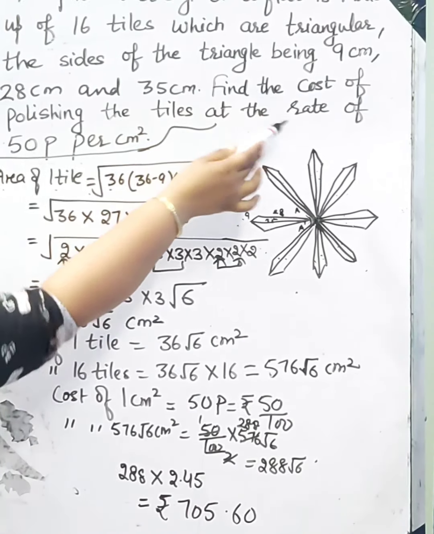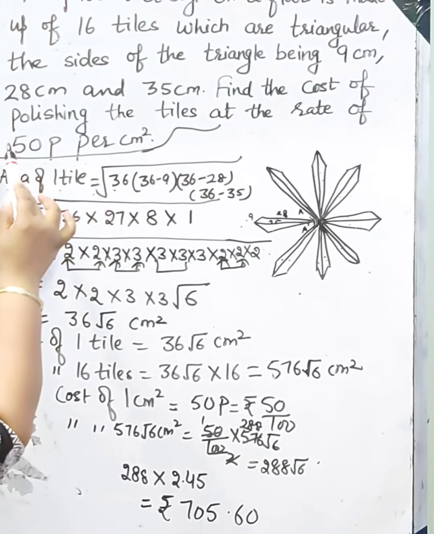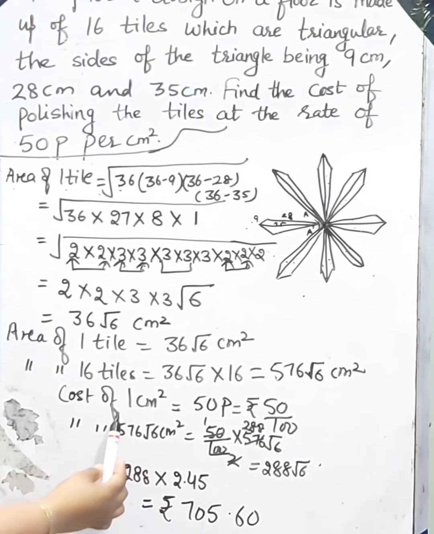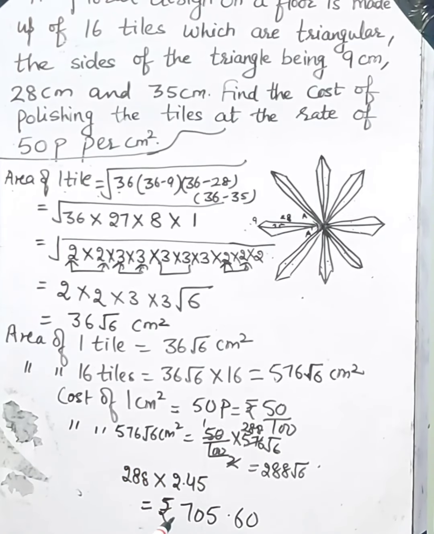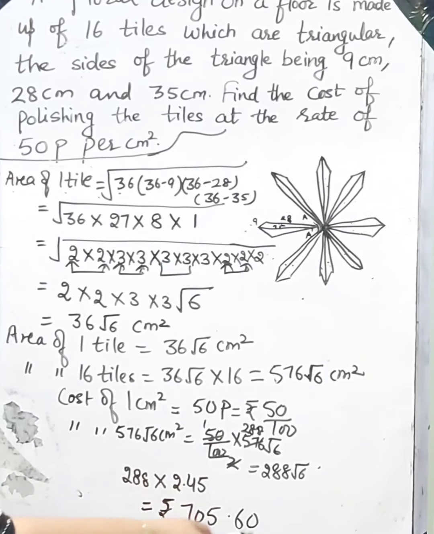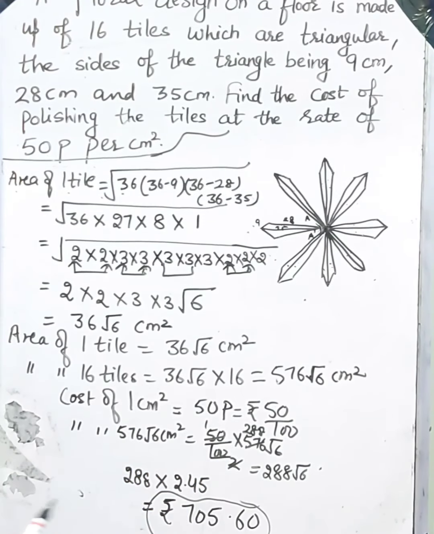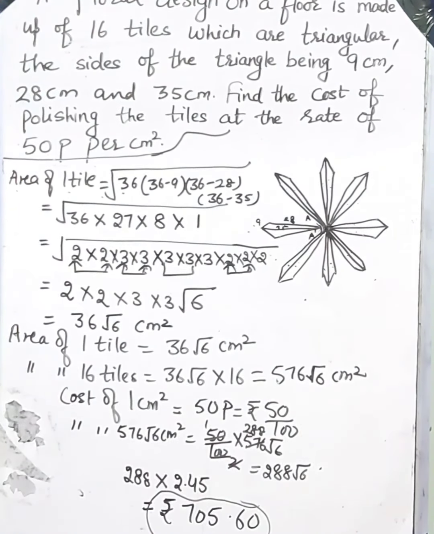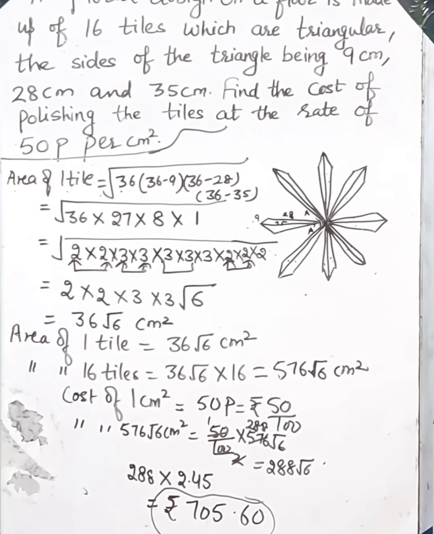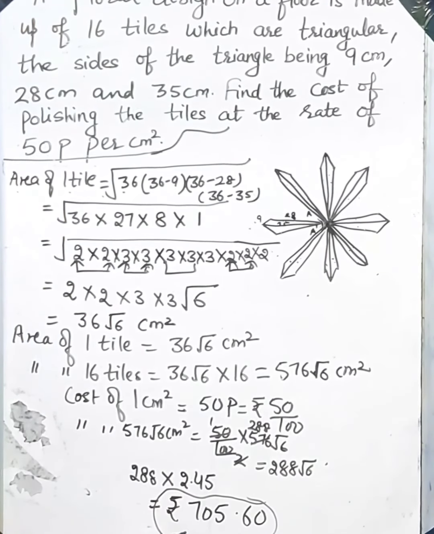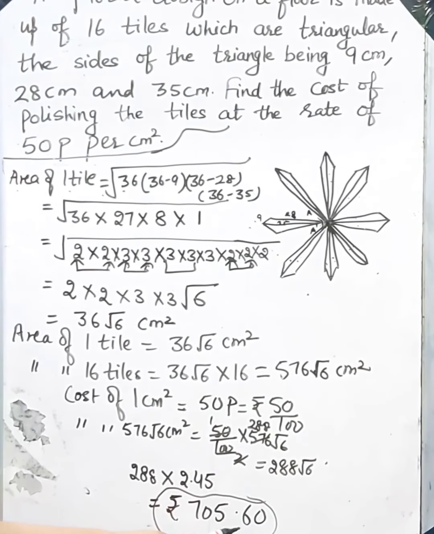Hence, cost of polishing the 16 tiles at the rate of 50 paise equal to rupees 705.60.